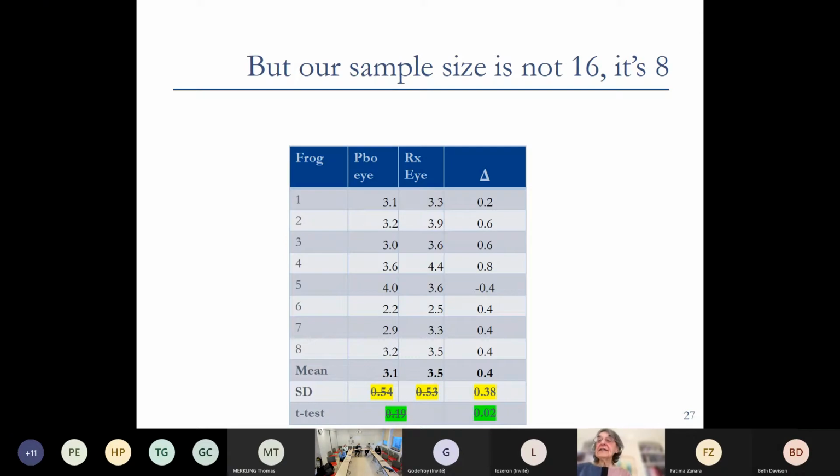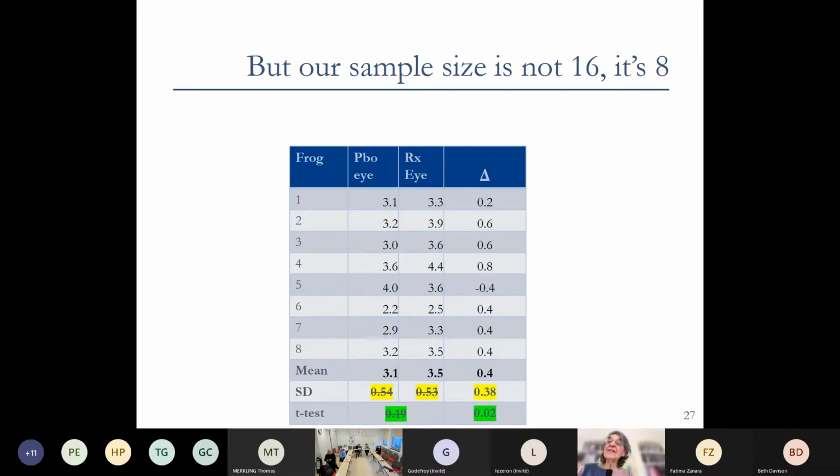And in fact, I don't have a sample size of 16. I have a sample size of 8. I have 8 frogs, and I have 8 differences between the 2 eyes. So here I'm always taking the treated eye minus the placebo eye, and I have an average of 0.4, and of course that's the same difference.